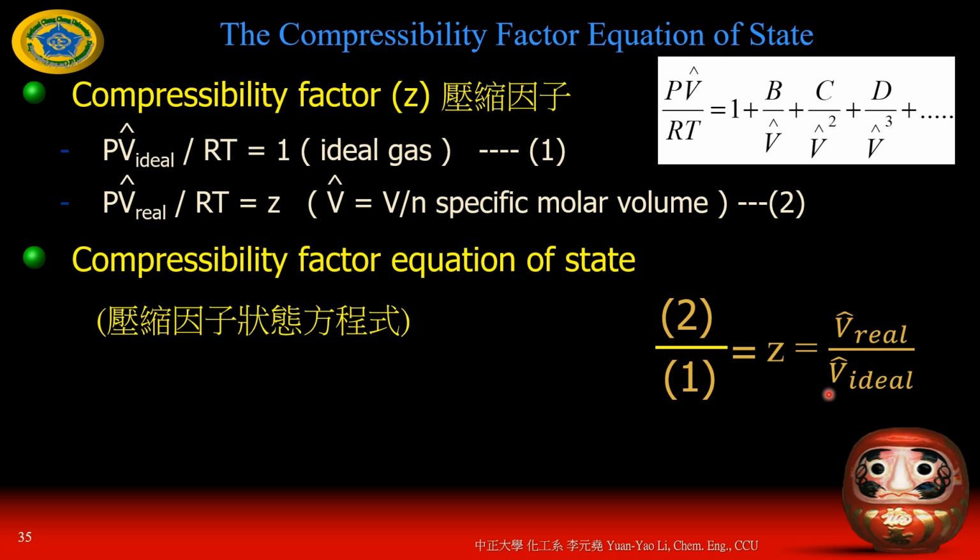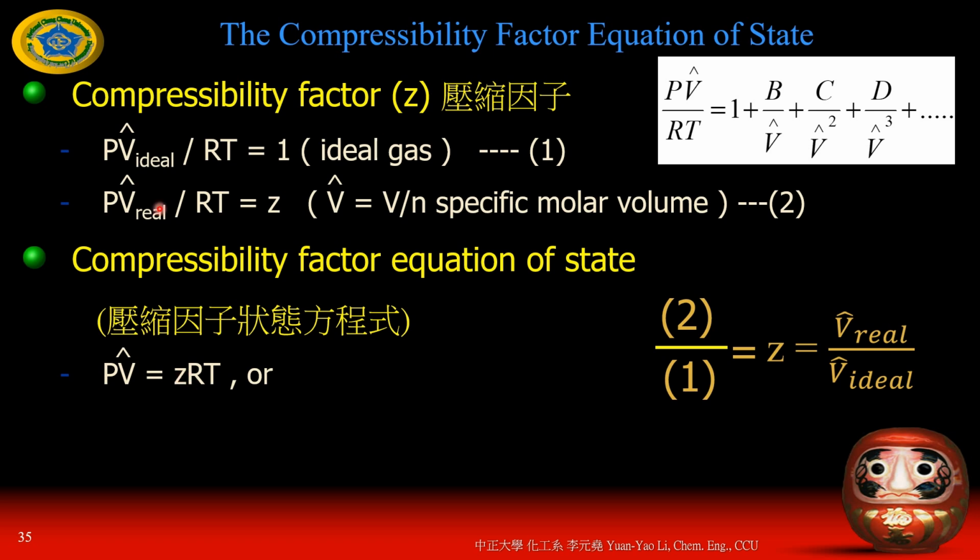Again, this is a dimensionless quantity. So it's a kind of ratio of the real volume and ideal volume. That's why we call this Z the compressibility factor. Okay, compressibility factor. So you can write down something like this: P over n equal to Z RT.